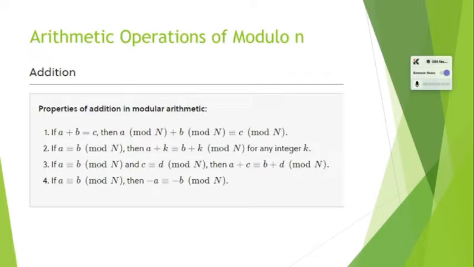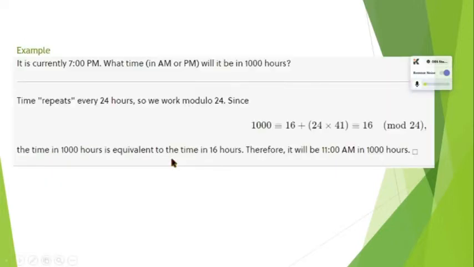Number 4, if A is identical to B mode n, then negative A is identical to negative B mode n. Okay? Now, let's go with the next slide.